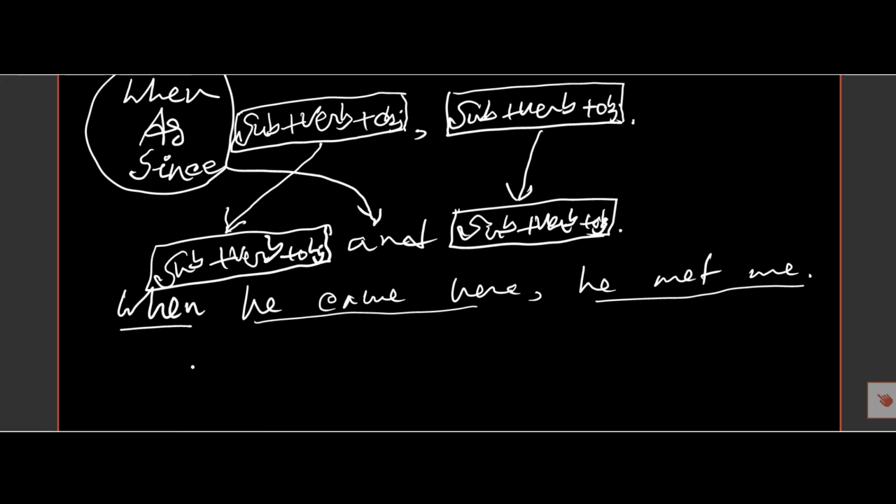The compound sentence begins with this part. So we must write he came here, and removing the conjunction when, we must write the conjunction and here, and then the other part.